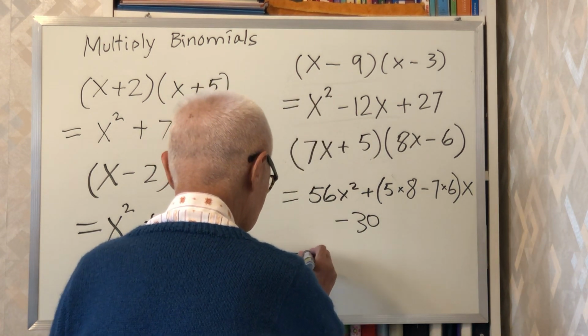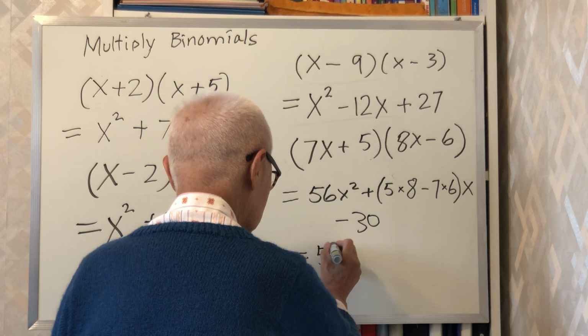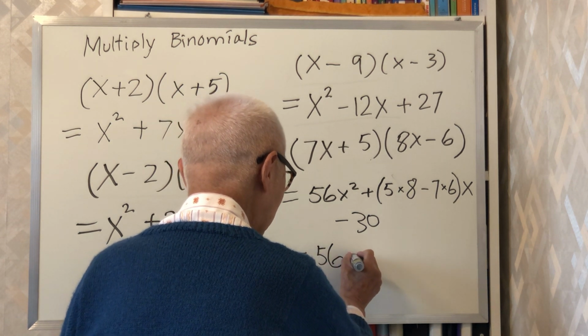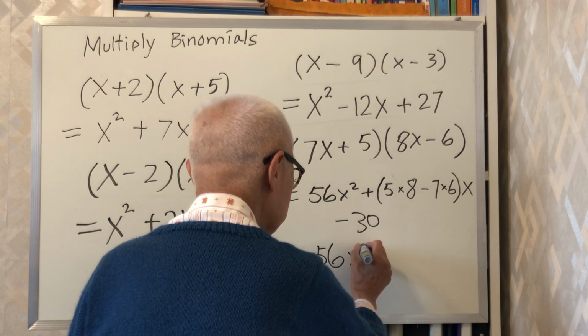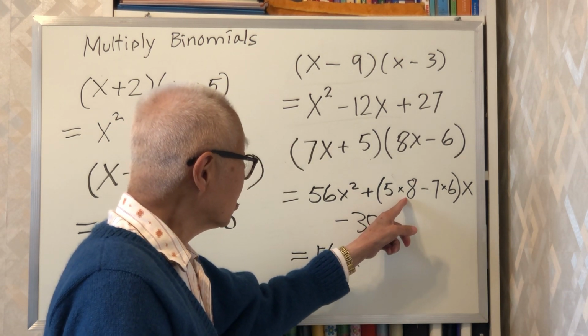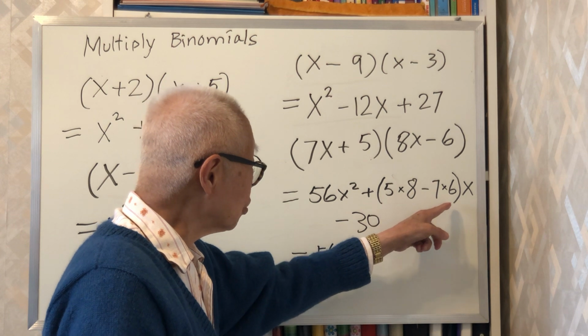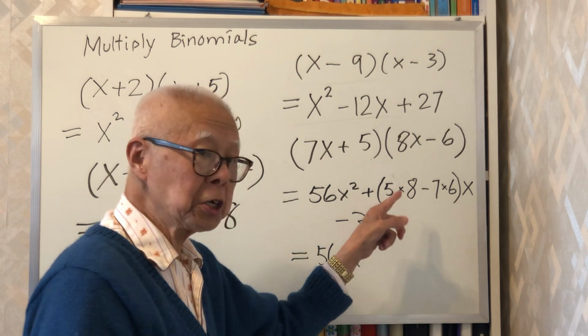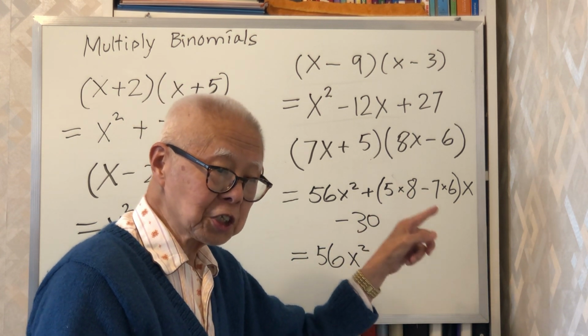All right. I can simplify the middle term. 40 minus 42. 40 minus 42 is minus 2.